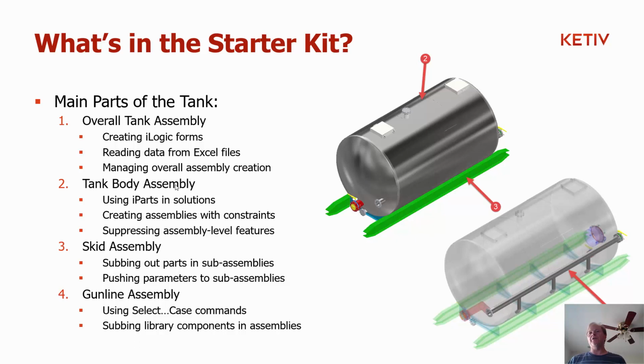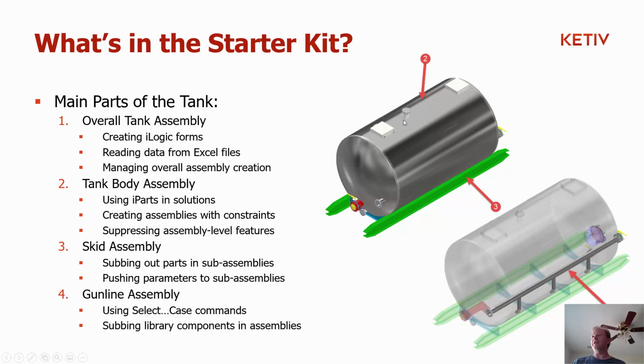And so you'll learn how to read data from Excel and a bunch of tools for managing overall assembly creation. How do I put the right files in the right folders? How do I change references so that instead of referencing some template components inside of the assembly, it now references the new components that we copied over that we can change and modify? There's a lot of that type of logic built into the overall tank assembly.